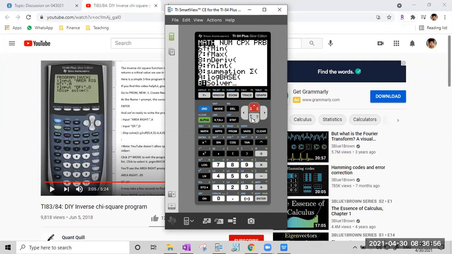Yeah, "sulfur," I guess that's what we have here. That's why she said just go up instead. If you go up, you go to the very bottom right away. So her calculator says solve. Ours says sulfur.